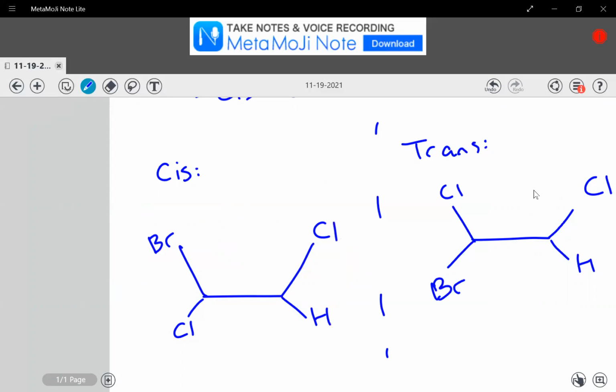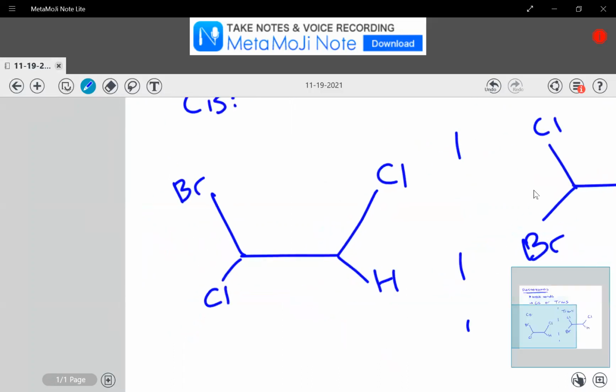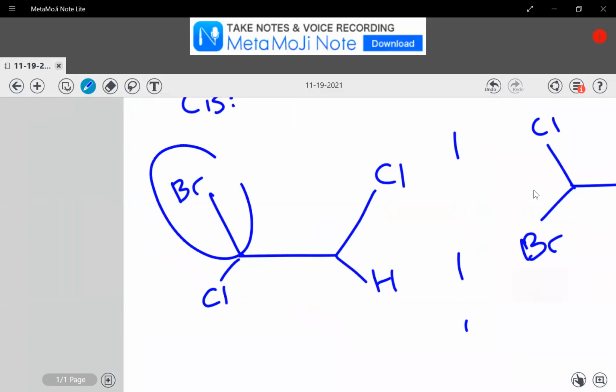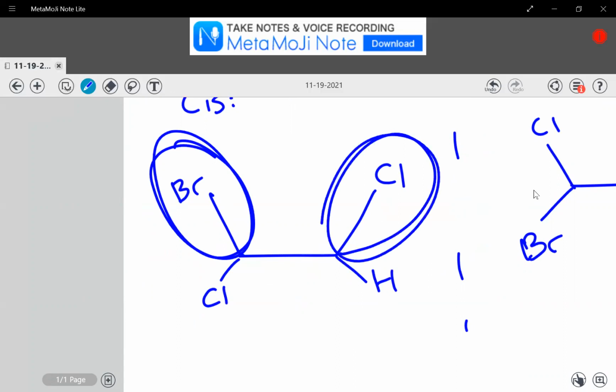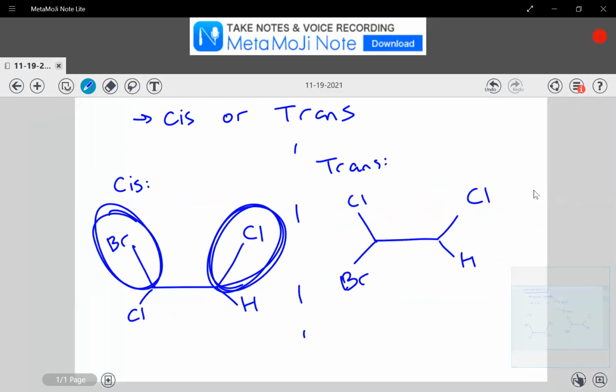You pretty much use CIP rules for almost everything. So on this side, the heaviest atom is the Br. On this side, the heaviest atom is a Cl. The heaviest atoms, the priorities, the main guys. Same side, cis.